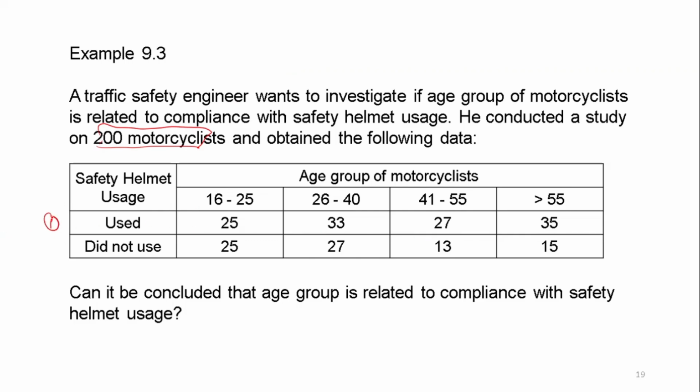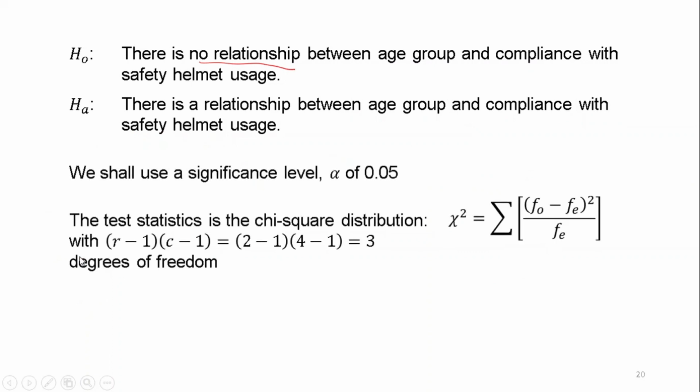So we have 2 rows, and then column, in the vertical line, you have 1, 2, 3, 4. So meaning that here we have 4 columns, and rows we have 2. Okay, so just substitute 2 minus 1 times 4 minus 1. So we get 3. 3 is the degree of freedom.